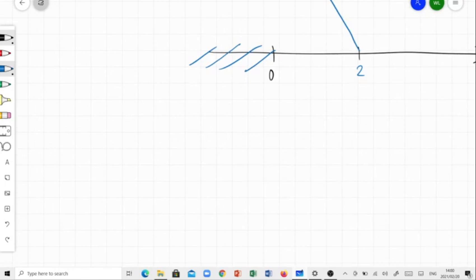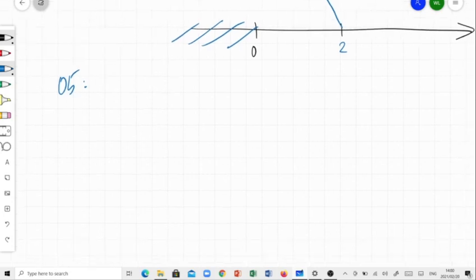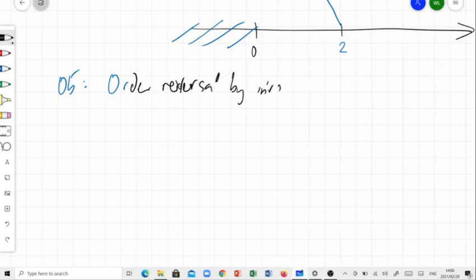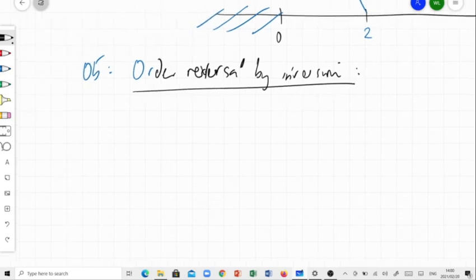Let's do the 5th commandment. The 5th commandment is what is called order reversal by inversion. Suppose that I've got 2 positive numbers. This is how I write it in maths.